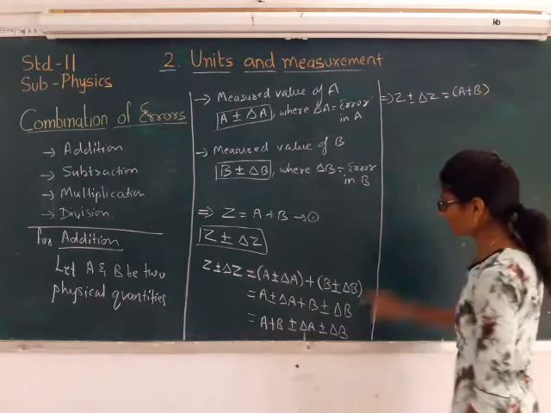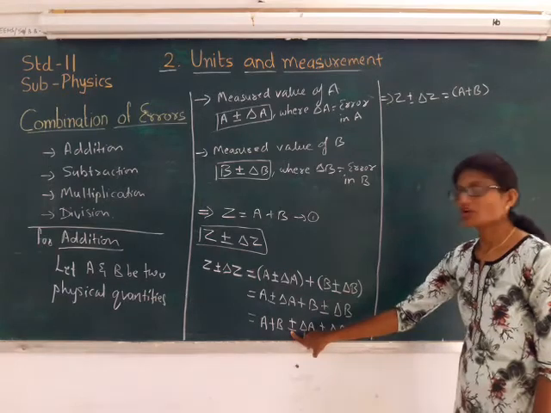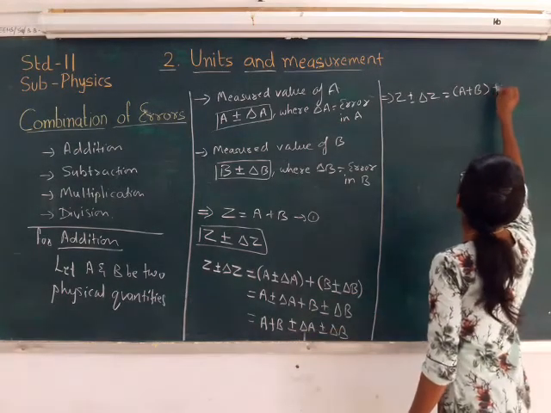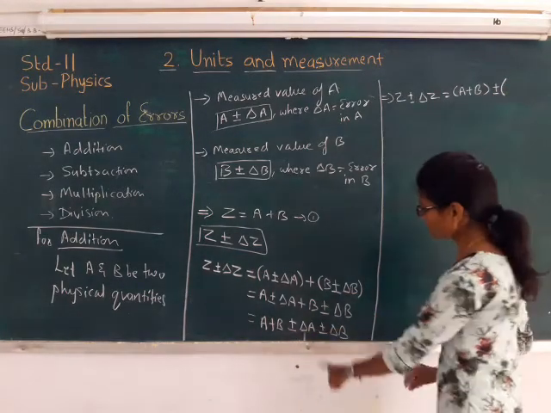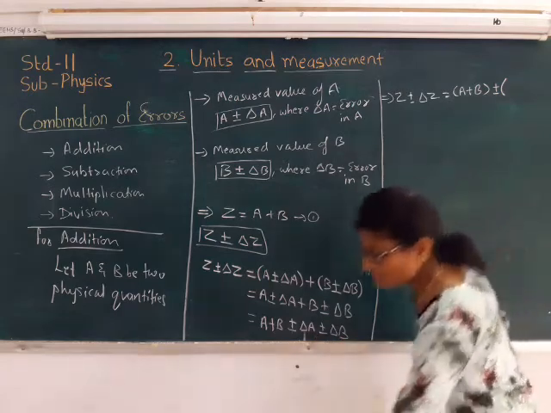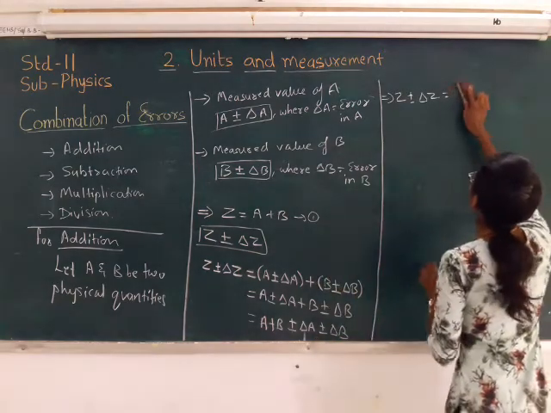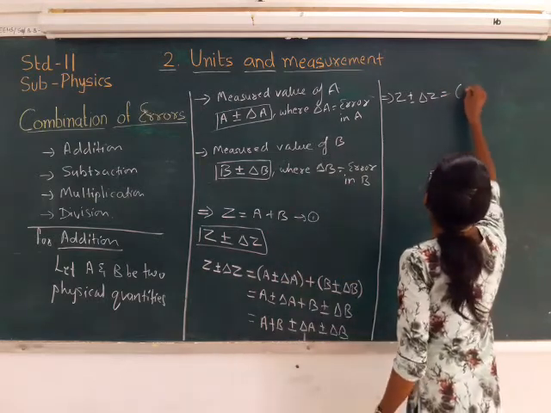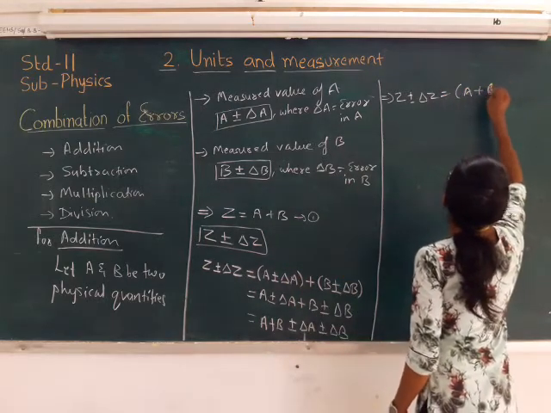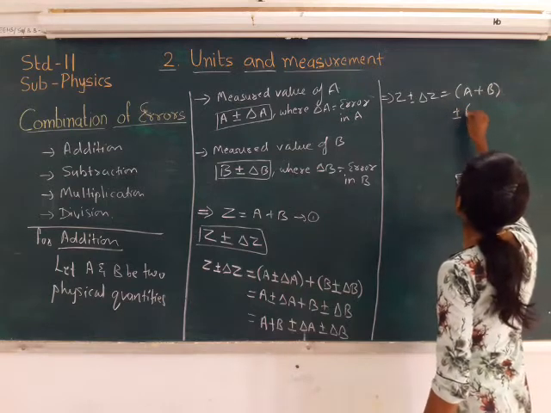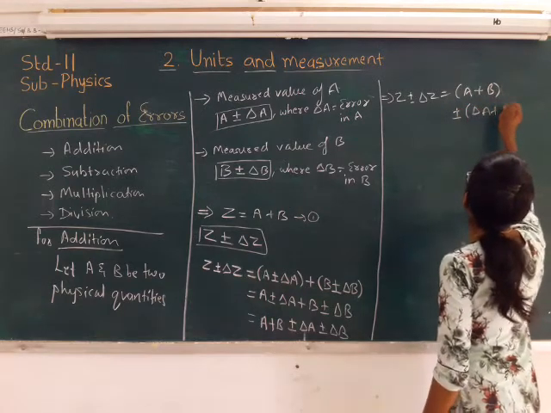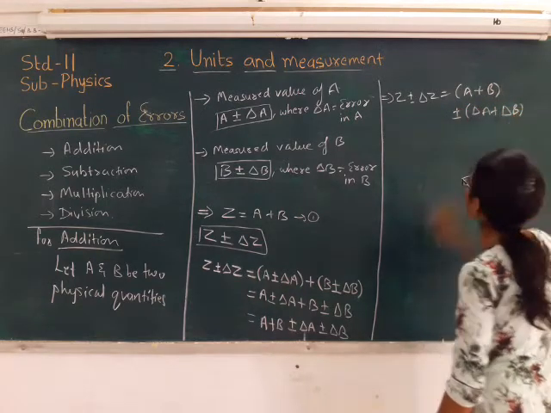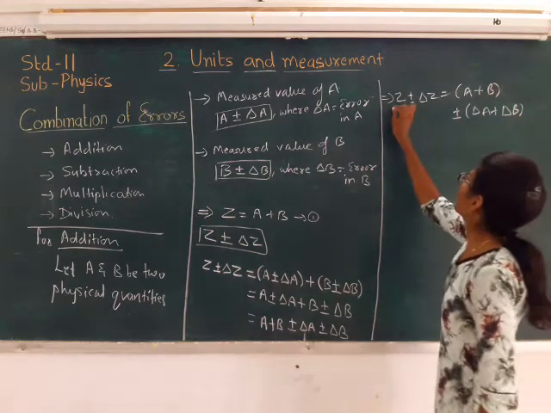A plus B, taking plus minus common, here I am having plus minus common delta A plus delta B. So I can split this term.